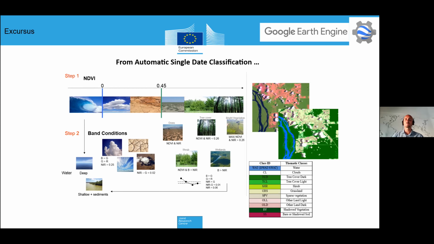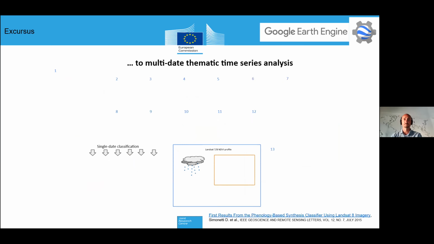I don't want to say land cover because, well, land cover is a little bit too optimistic, but let's say classes corresponding to image colors or colors extracted from the images.